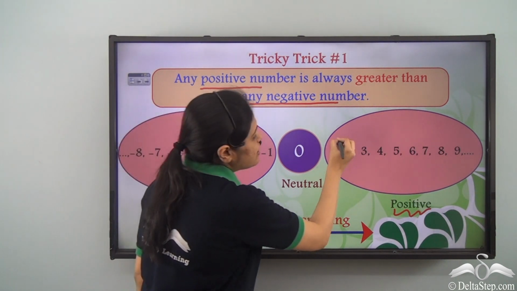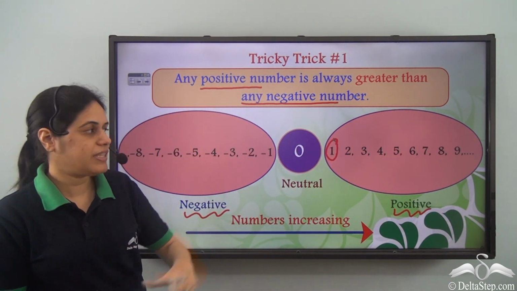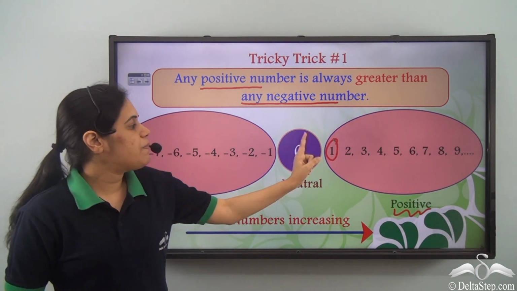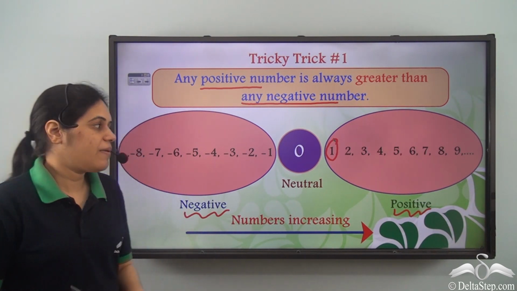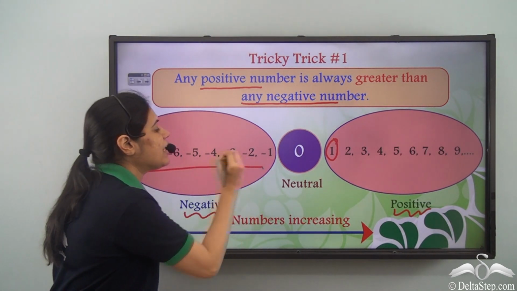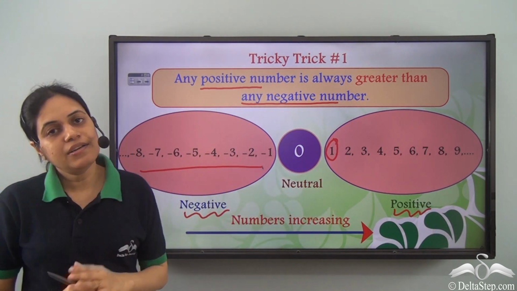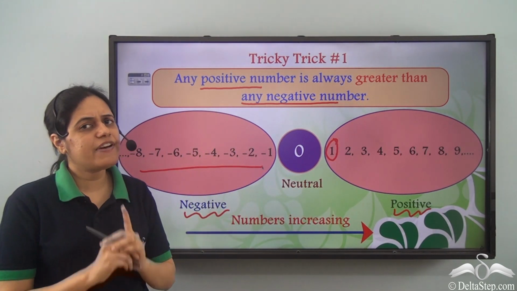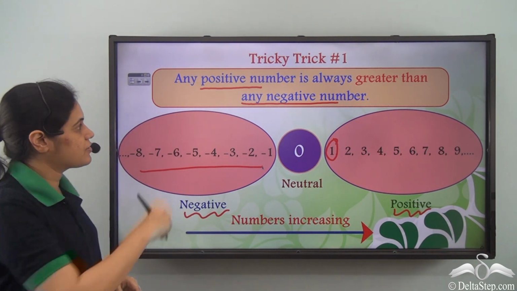Even if I take the smallest positive number, that is 1, it will be greater than any negative number. This is a very simple trick which will help us arrange these integers.